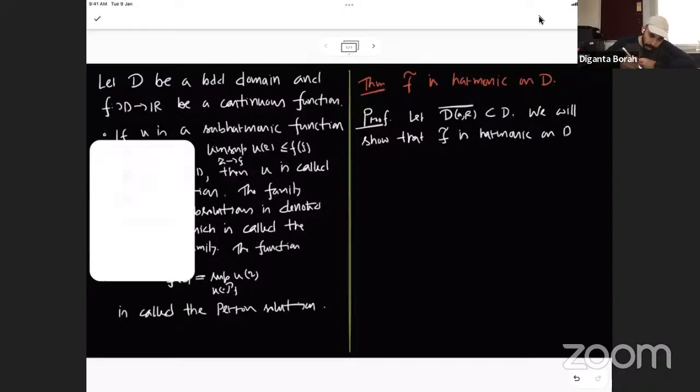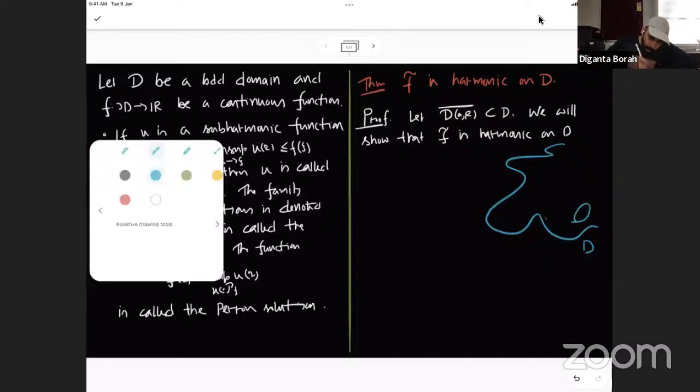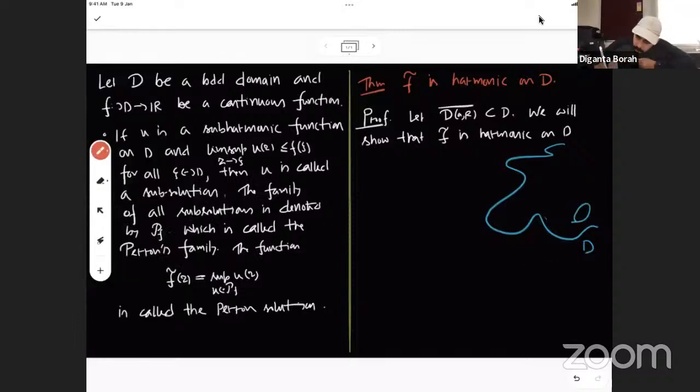So here is your domain. Suppose this is your domain. Let's not make it very complicated. And you have a disk. This closure also lies in D, and I want to show that the function f tilde is harmonic on the disk.